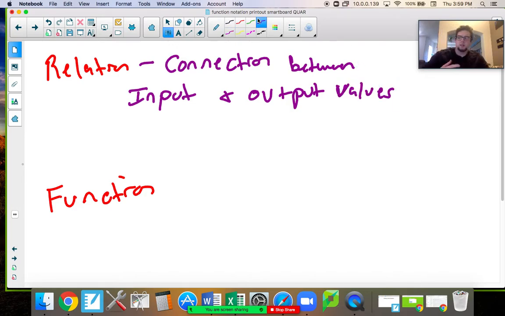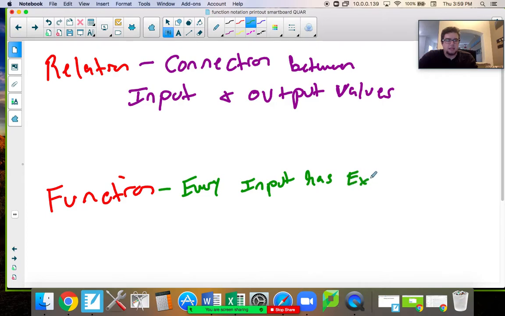So what we're trying to do is, we have something coming in, and then something comes out for that input. The study of functions relates to when every input has exactly one output.